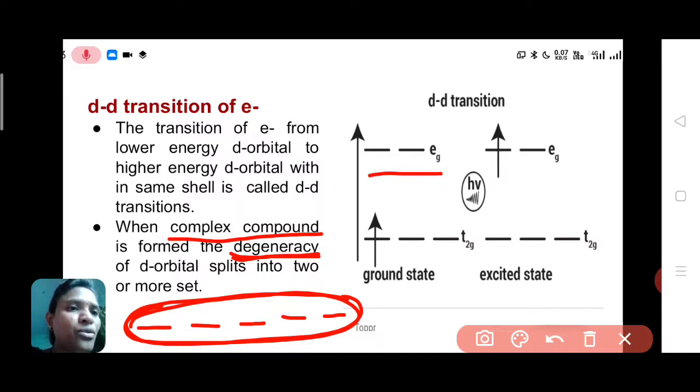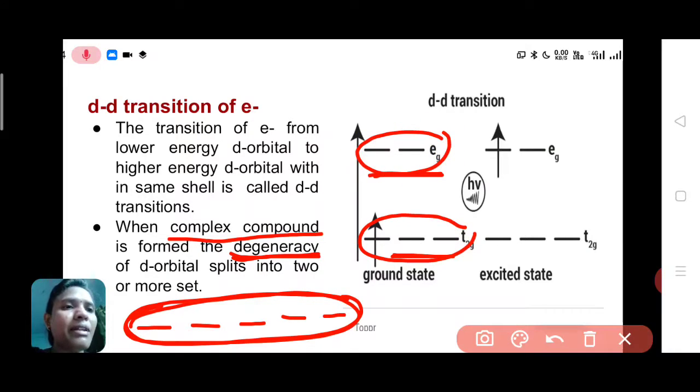This is the first group and this one is the second group. The first group is called Eg group and the second group is called T2g group. Three orbitals acquire lower energy level and two orbitals acquire higher energy level. This splitting of d orbitals is called disturbance in degeneracy.